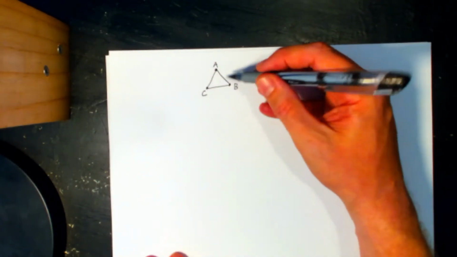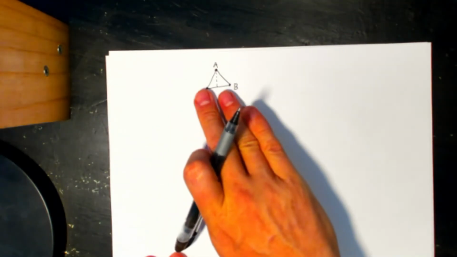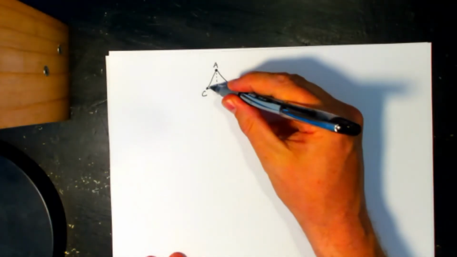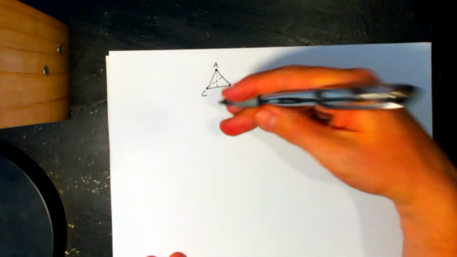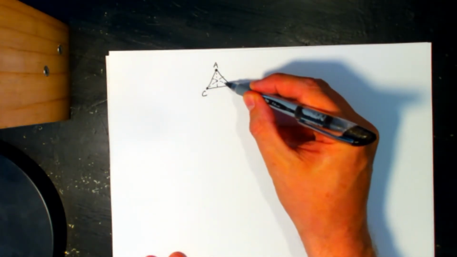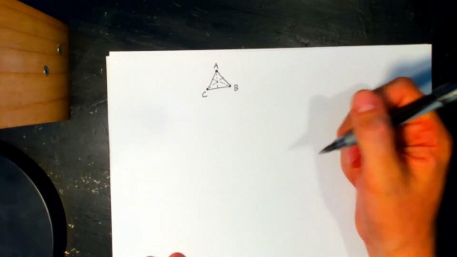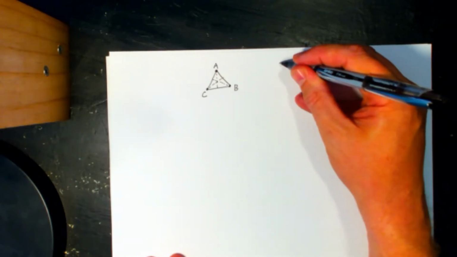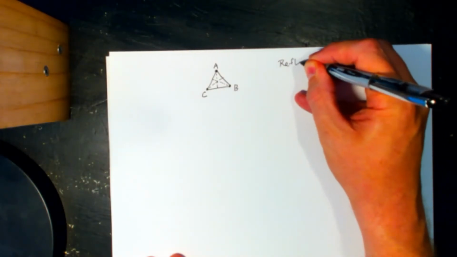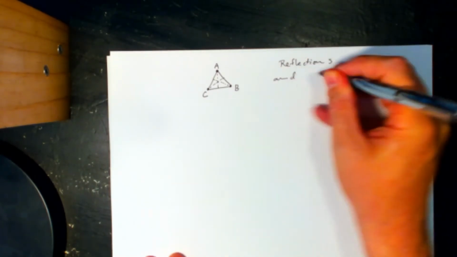Now what we could do here is we could take reflections, right, about that axis of symmetry. We've got another axis of symmetry here that we could take a reflection about, and we could take a reflection about this axis. We can also do rotations. So we have reflections and rotations.